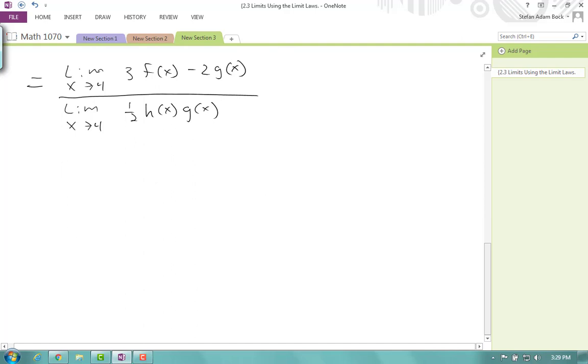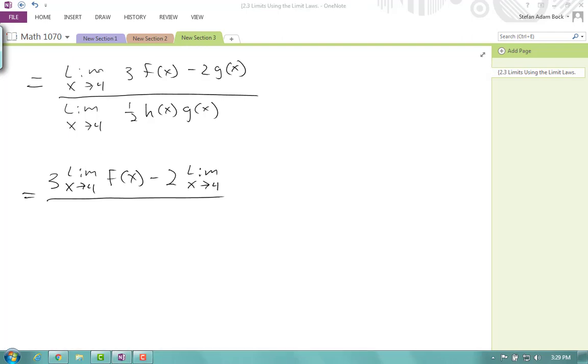Now I can use a combination of the first two rules for the top half of this problem. My limits will distribute across the addition and subtraction, but also constant multiples will come outside of limits. So the top half will look something like 3 times the limit as x goes to 4 of f of x minus 2 times the limit as x goes to 4 of g of x.